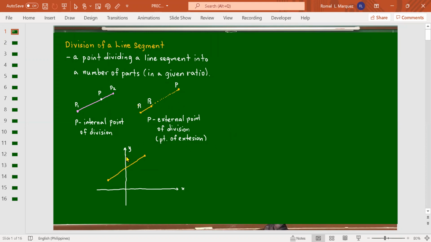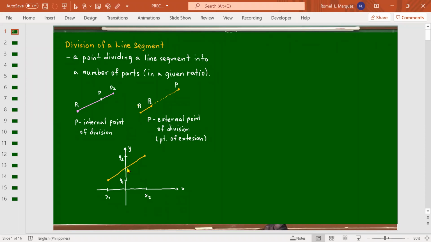Whether it is an internal point of division or external point of division, you do not have to worry. If this is our y sub 2, this is y sub 1, this is x sub 1, and this is x sub 2.